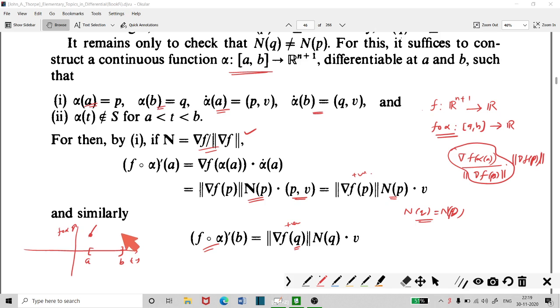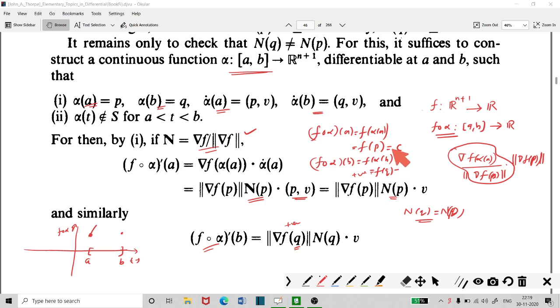So if this is the case, we know that f composition alpha of a is f of alpha of a. This is equal to f of p, which is equal to c, because p is a point on the surface. Similarly, what is f composition alpha of b? This is f of alpha of b, that is equal to f of q.